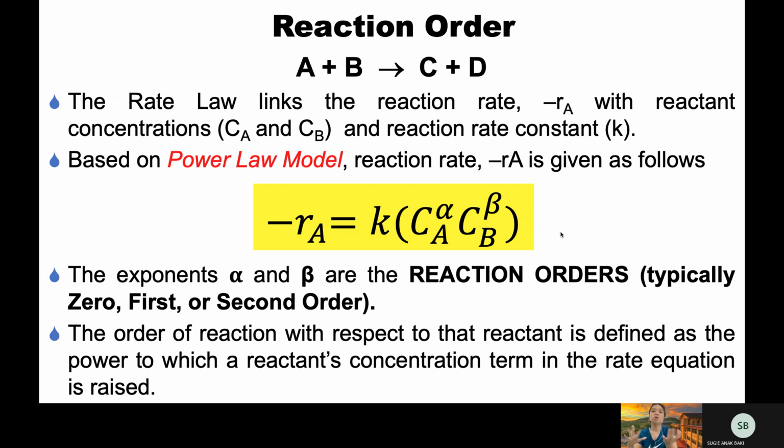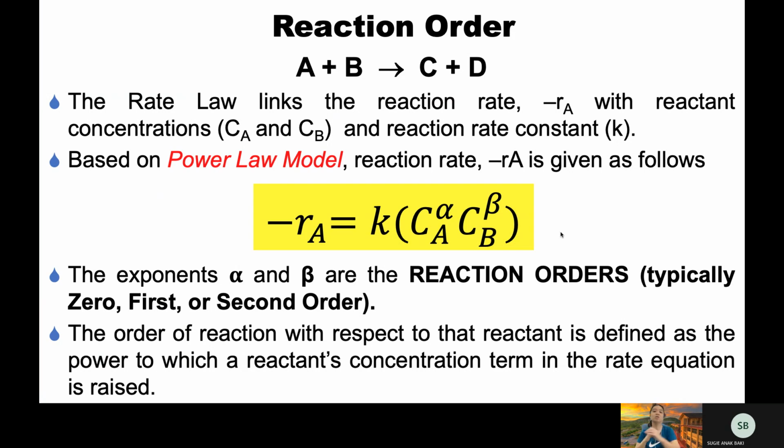So in chapter 2, the information is provided to you, meaning someone has already done the lab work, someone has already measured at each conversion how much is the minus rA, so then I find the volume of the reactor. That's why chapter 2 is easier in that sense, because the value of minus rA is given to you. However, it's not always necessarily the case.